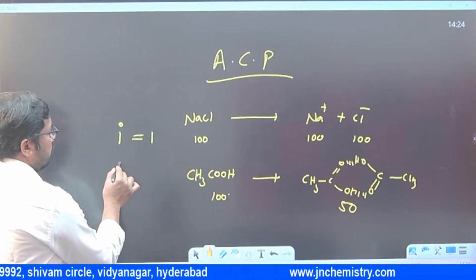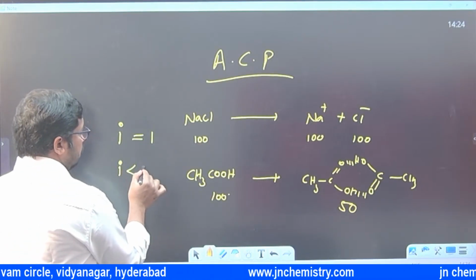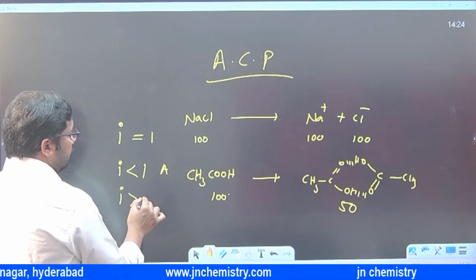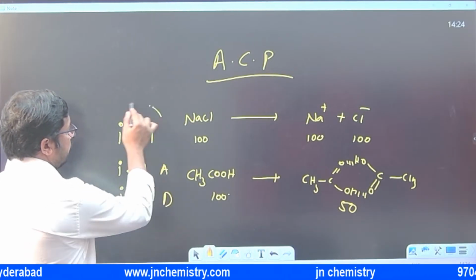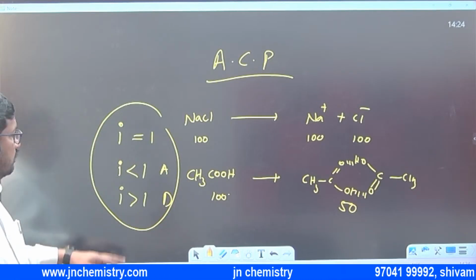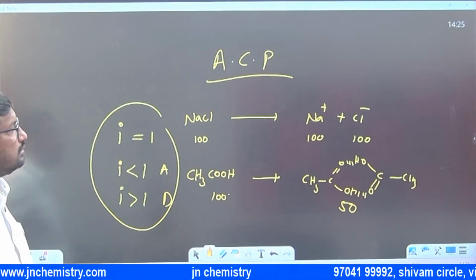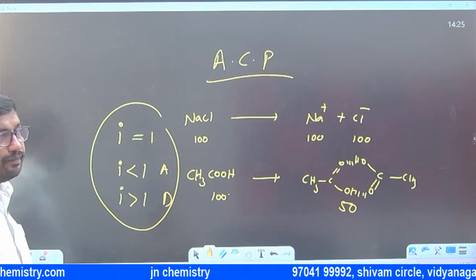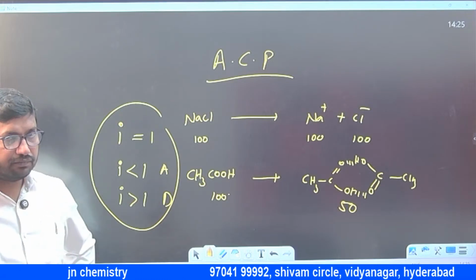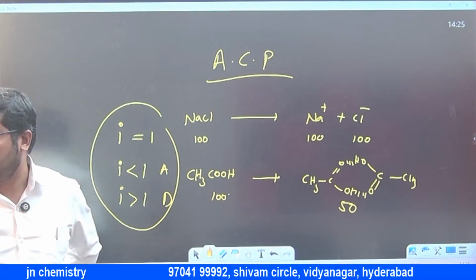If i is less than 1, association takes place. If i is greater than 1, dissociation takes place.